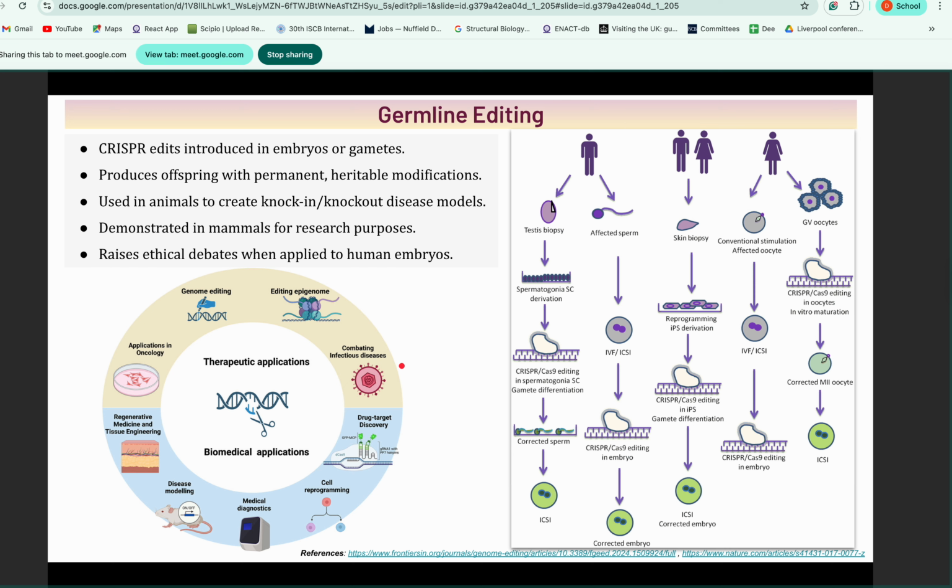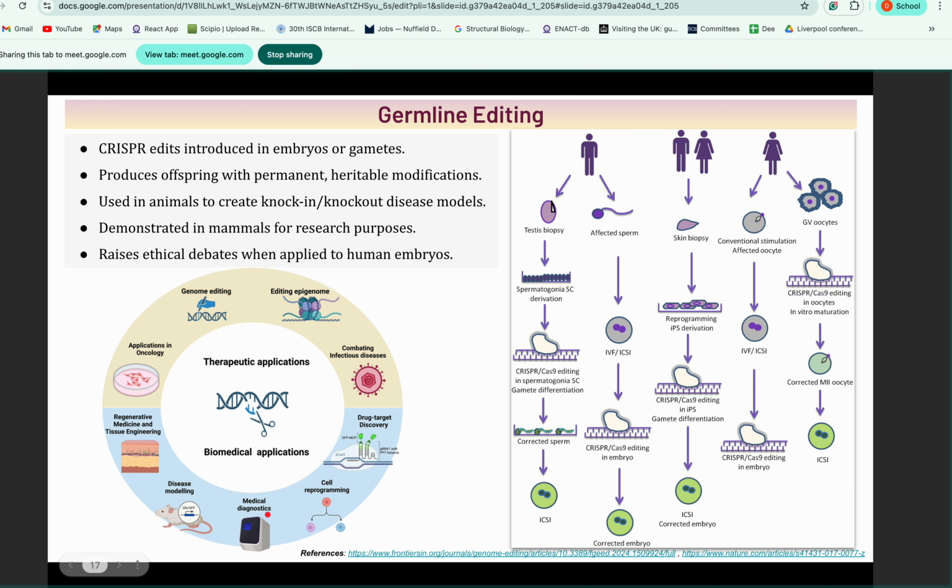Then combating infectious diseases. So this can also be performed with the help of CRISPR-Cas9 technology. Now, if we talk about biomedical applications, then first is regenerative medicine and tissue engineering. So this can be done. Disease modeling, disease can be understood. Medical diagnostics. So medically also we can use it as a diagnostic measure.